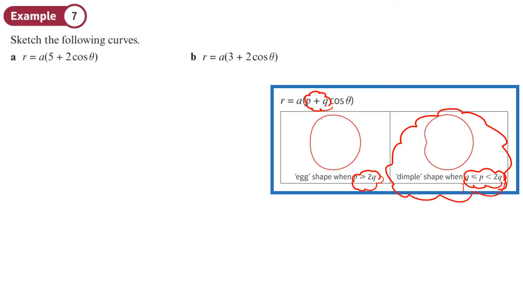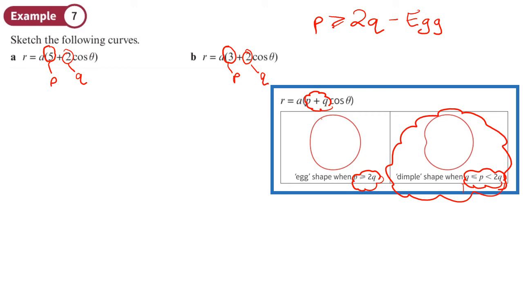So basically, if our value of P, in my examples, that one P is 5 and this one P is 3. If P, that number, is greater than or equal to 2 times Q, so that number's P, and that number's Q, then we get this egg, there's no dimple.